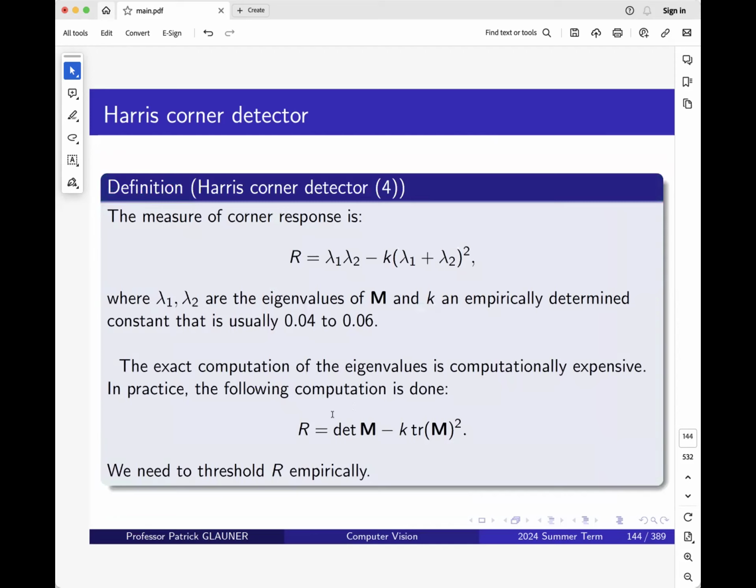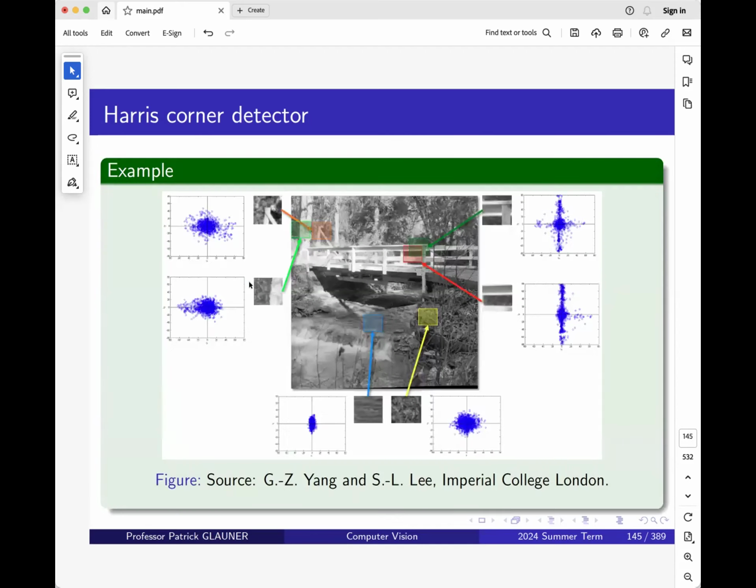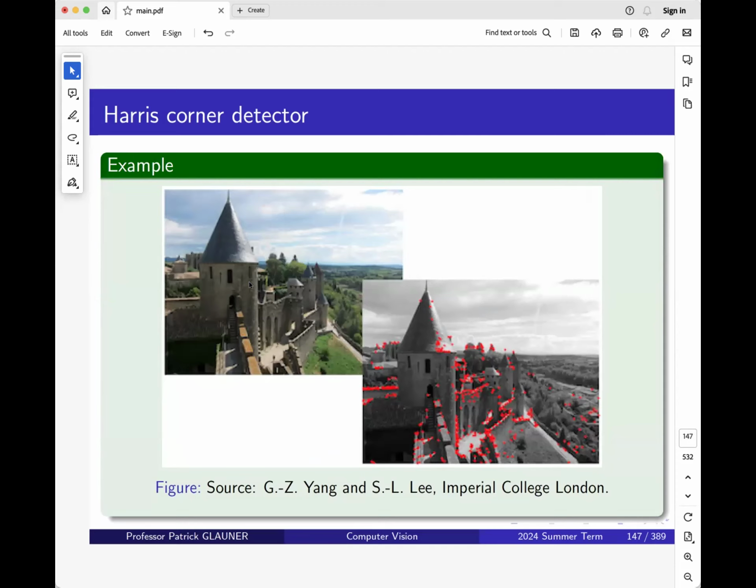One challenge is obviously thresholding and all of this. The Harris corner detector is overall quite invariant to rotation and translation. Scale can be an issue because, again, if an object is very, very far away from the camera, you may just not have enough pixels to find corners very well.